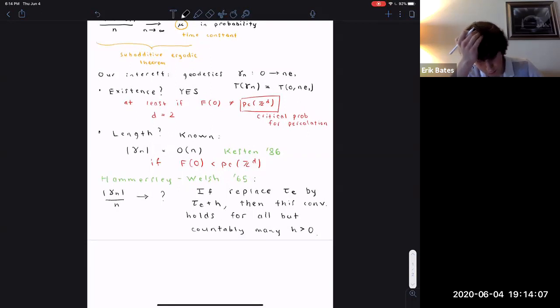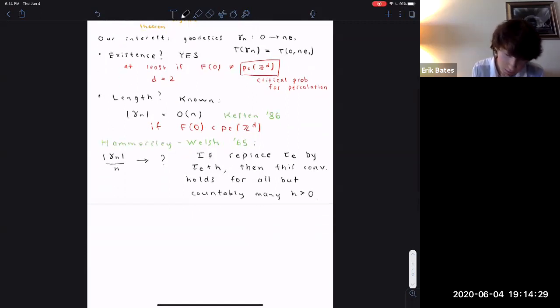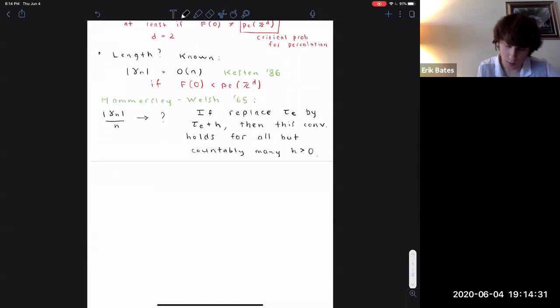So this is kind of a sense that most of the time in a generic case, we should expect that geodesic lengths do converge on a linear scale. But still to this day, this has been the only method that has produced a positive answer to this question. And other than that, there's been no way of proving that geodesic lengths converge. So this still is a very interesting question.